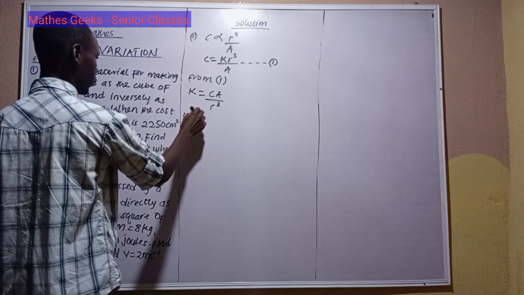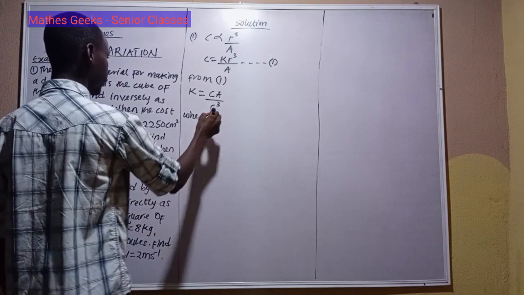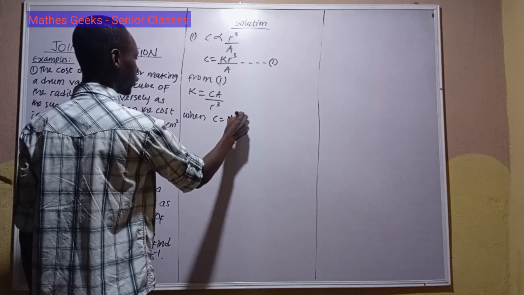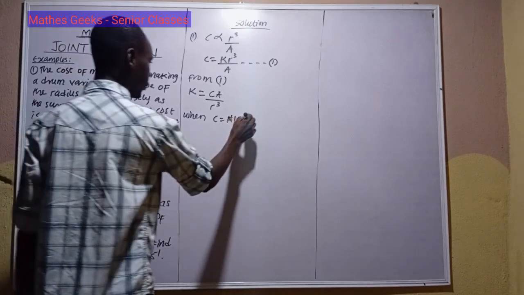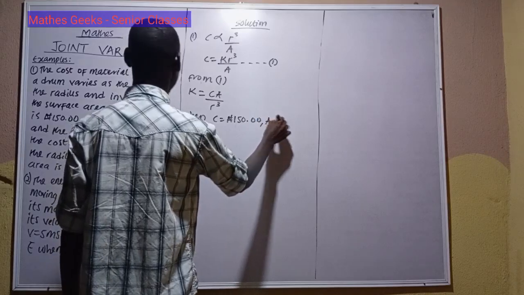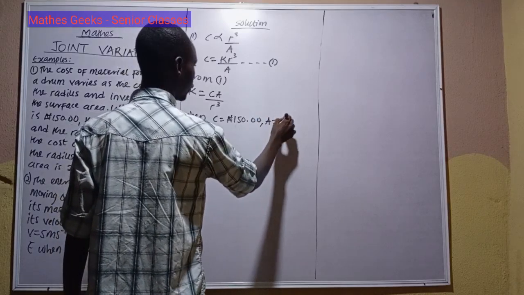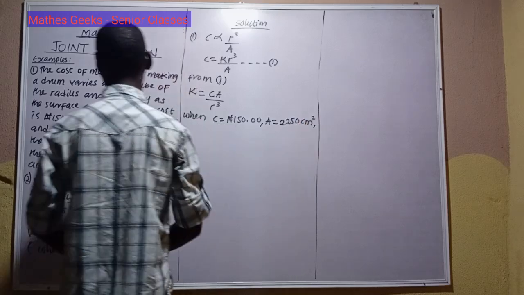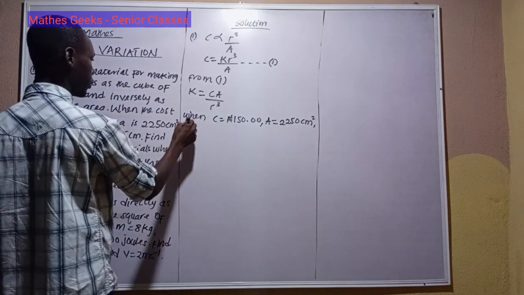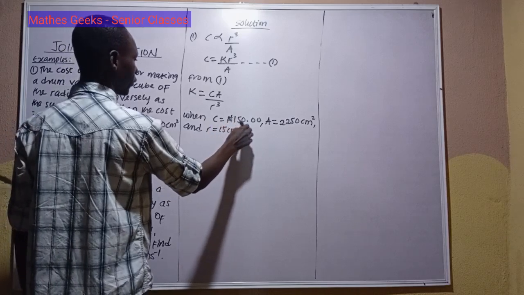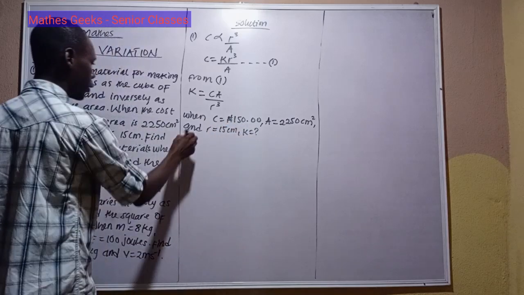So when C is 150, A is 2250 cm squared and the radius R is 15 cm, Q is unknown.